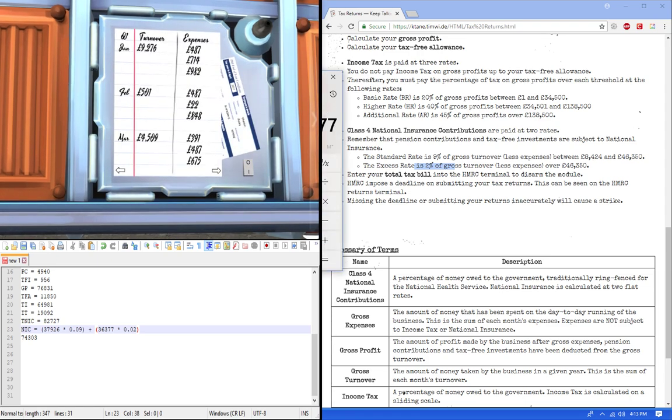So, we're going to take our 36,377 and multiply by our 2%. So, times 0.02 equals 727. Round it down. Then we're going to take our 37,926 times our 0.09, and we get 3,413.